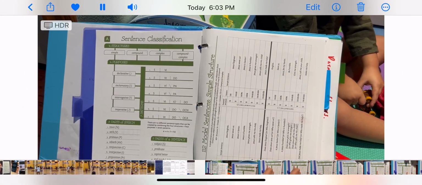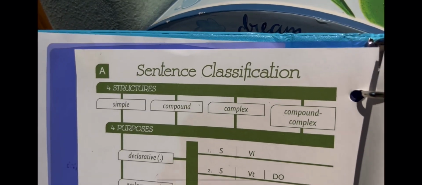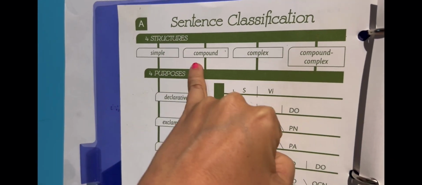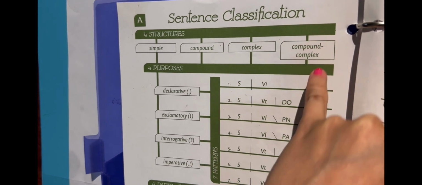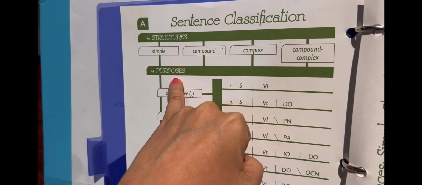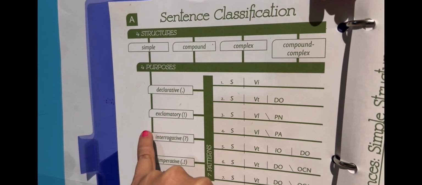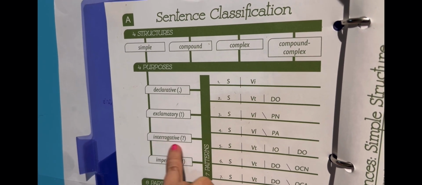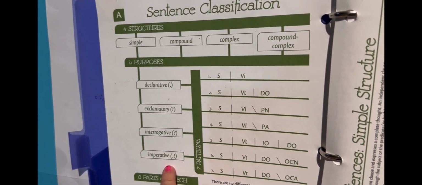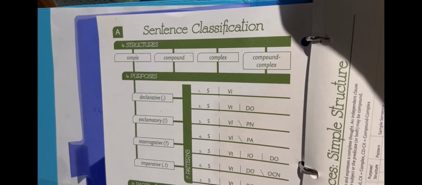Of essentials, review of charts A through L, starting with A. 4 structures: simple, compound, complex, compound-complex. 4 purposes of sentences: declarative, exclamatory, interrogative, imperative. 7 patterns of sentences: subject, verb, intransitive.